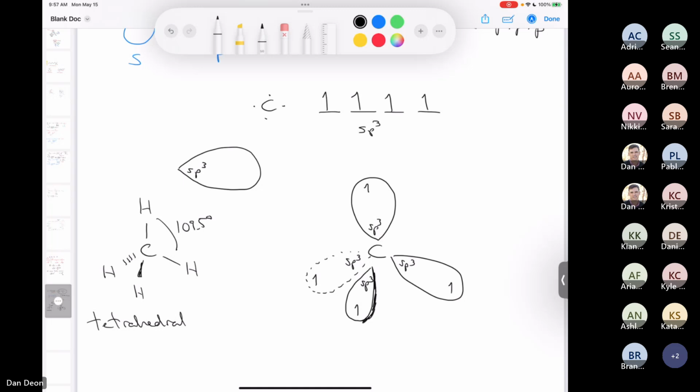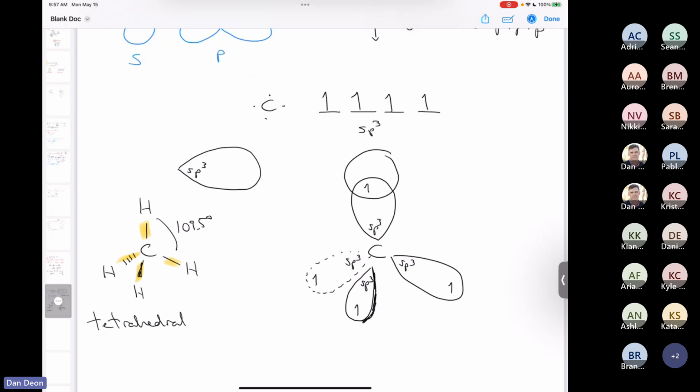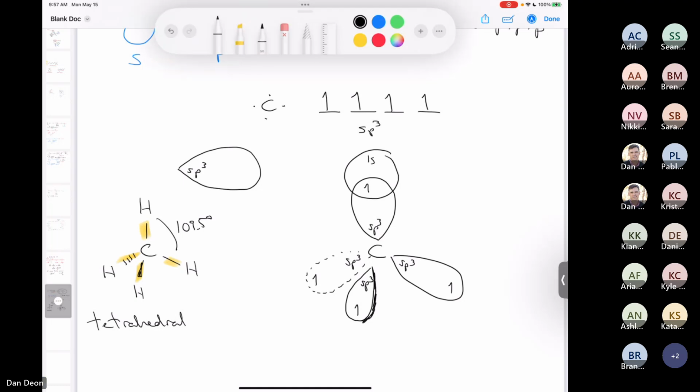Well, what happens is, in order to form the 4 sigma bonds, we have 1, 2, 3, 4 sigma bonds. We have the overlap of the hybridized sp3 orbitals on the carbon atom with the unhybridized 1s orbitals of the hydrogen. So I'd have a 1s here, with an electron with opposite spin, and a 1s here from this hydrogen. So I'll put hydrogen, and then I'll also write 1s in each one.